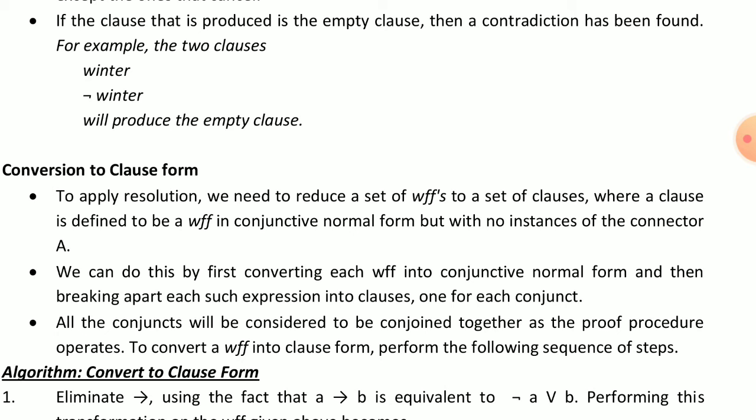Now we can use the proof procedure, means in maths you can learn proof theory. So here we can find out whether the given statement is true or false. So here we can use the process of proof. If one sentence is true, then the next sentence is false. So here we can convert the well formed formula into clause form, and we can perform the following sequence of steps. Sequence of steps is also known as an algorithm.